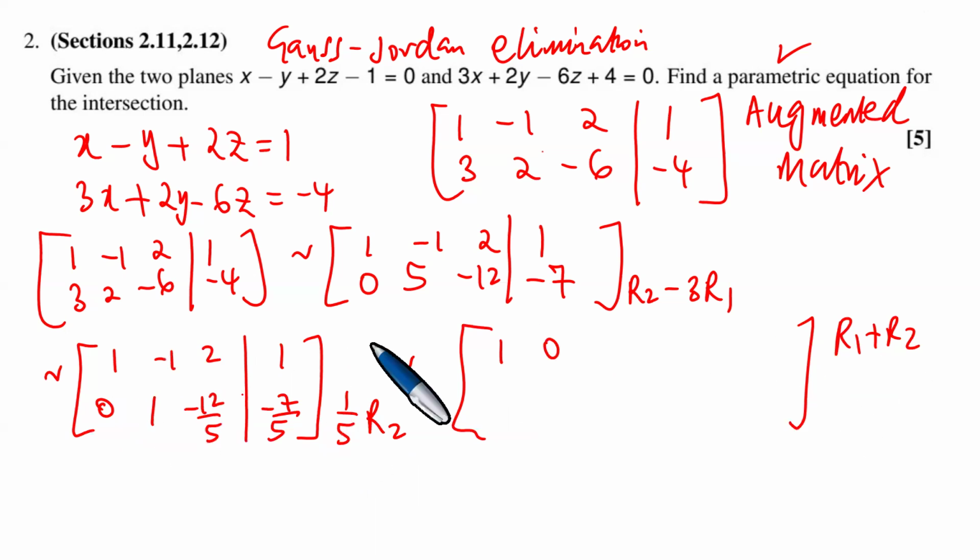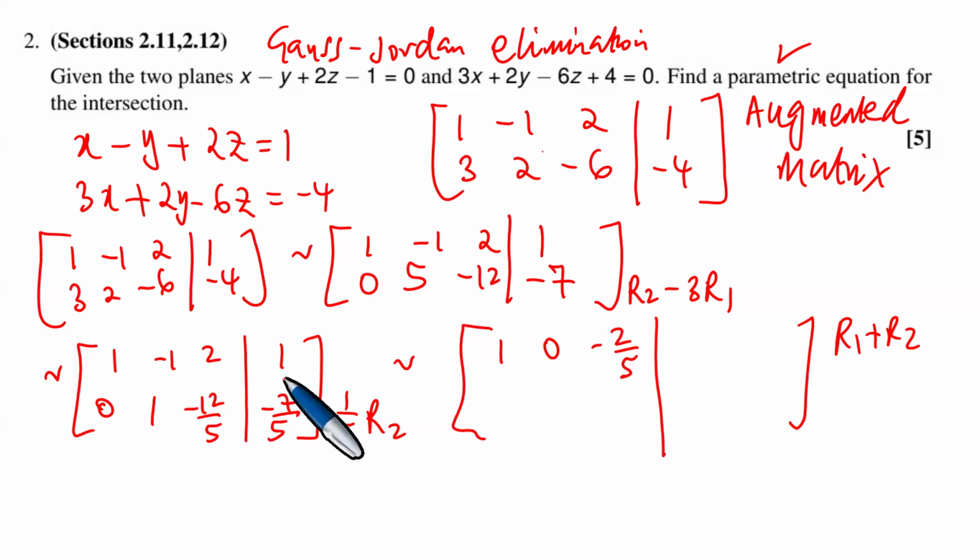So we're adding row 1 and row 2. If you add 1 plus 0, you get a 1, and you add these two here, 1 minus 1 is a 0. And then now you have this one with this. 2 is the same as 10 divided by 5. And then if you have 10 minus 12, everything out of 5 here, you have minus 2 out of 5.